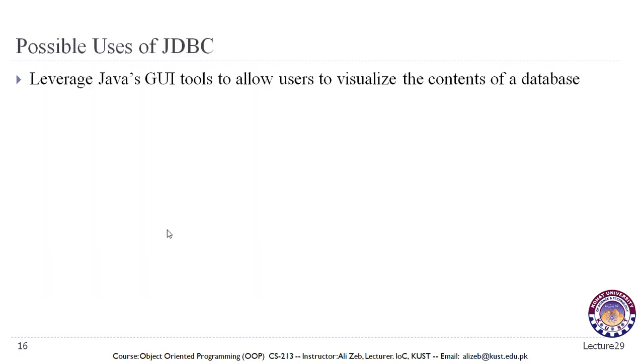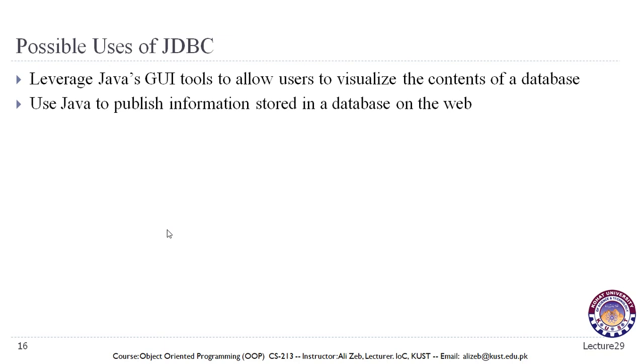Possible uses of JDBC: leverage Java's GUI tools to allow users to visualize the contents of a database. So basically we can load data from our database and visualize the data on our JFrame forms or frames. So we can create an interface for the database in our GUI, and we can store the data in the database.